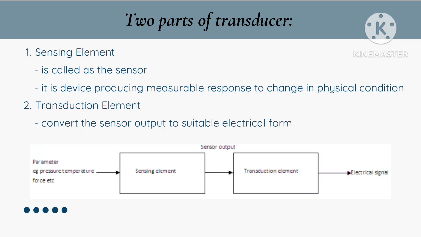Together, the sensing and transduction elements make up a transducer, allowing us to measure, monitor, and control physical quantities in all kinds of applications, whether in industrial automation, medical devices, or environmental monitoring. Transducers are absolutely vital. They're the unsung heroes that let us interact with the physical world in a meaningful electronic way.